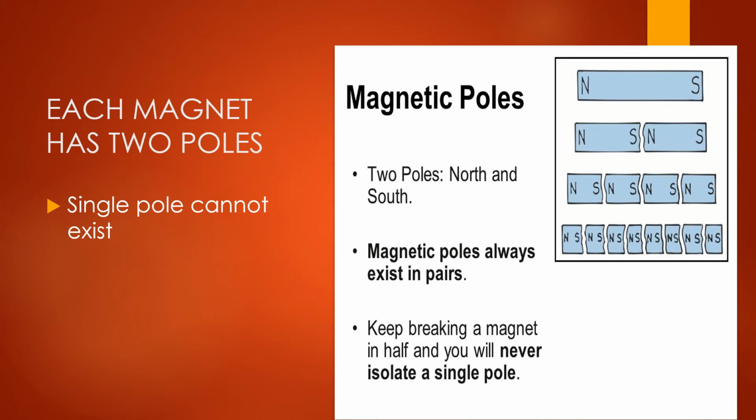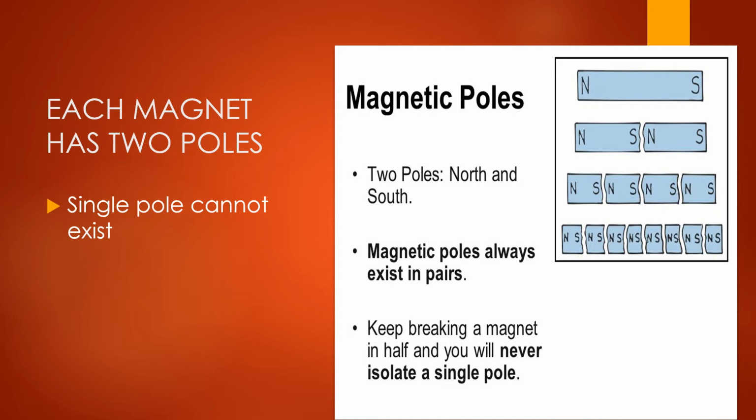Each magnet has two poles. A single pole cannot exist. Every magnet has a north pole and a south pole. Now if I take one magnet and break it from the middle, then we'll see that in both parts, a north pole and a south pole are generated.